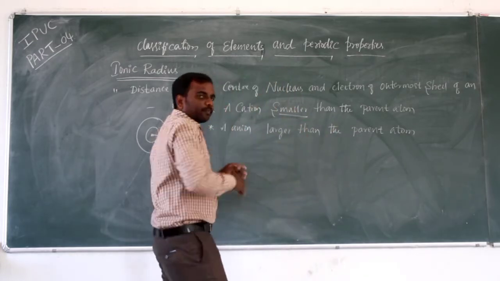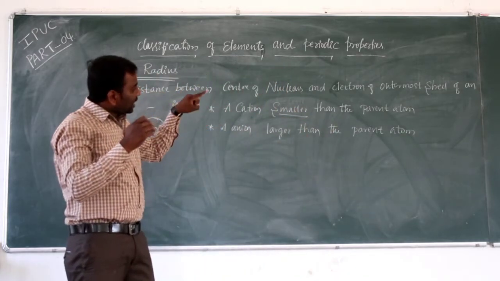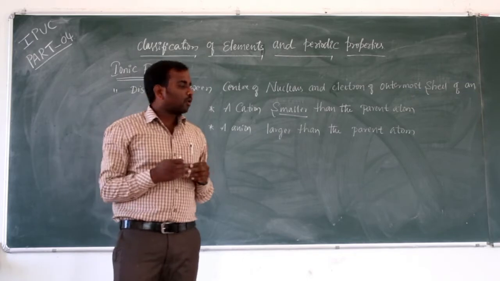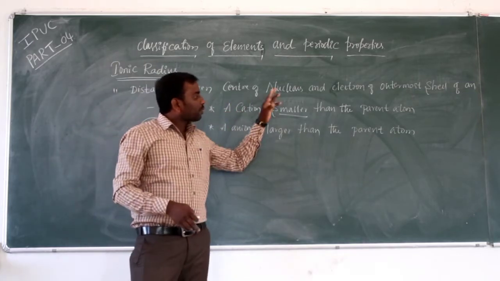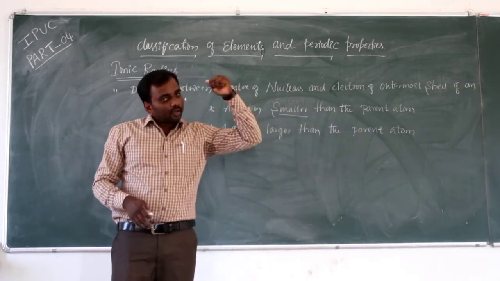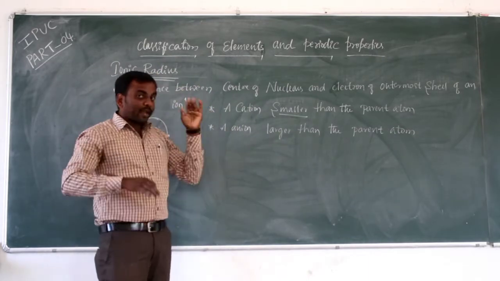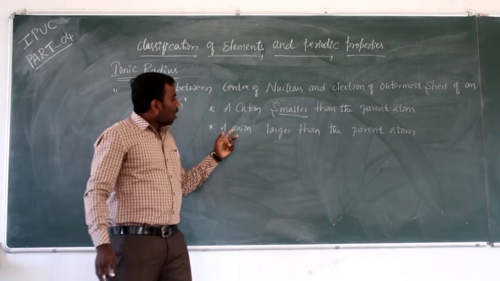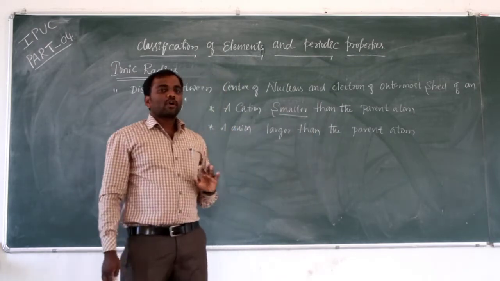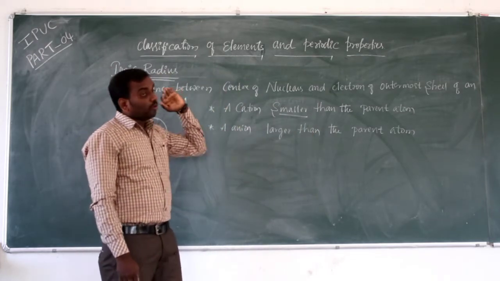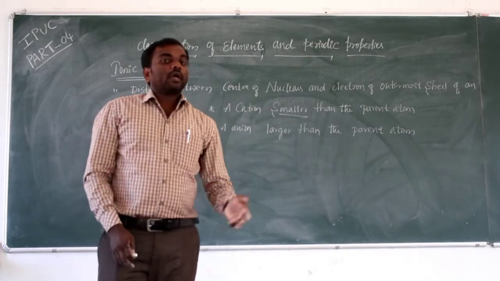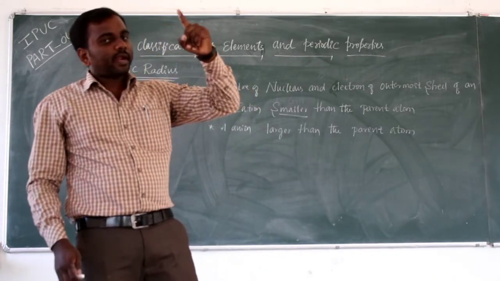See, comparing cation and parent atom, a cation is smaller than the parent atom. Why? That is very important, right? Next, comparing anion and parent atom, this anion is greater than the parent atom.